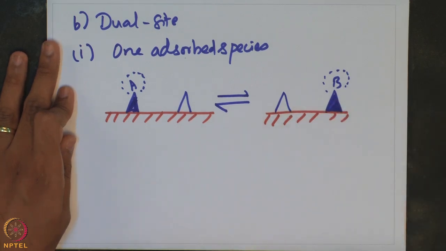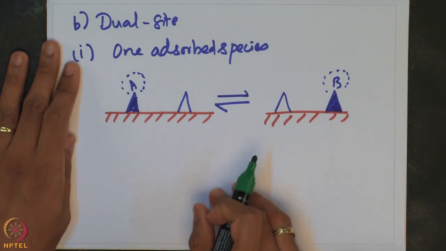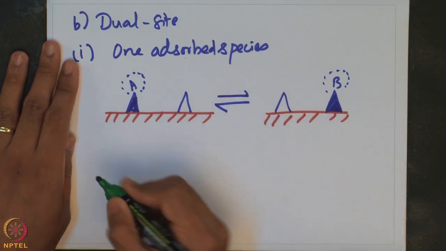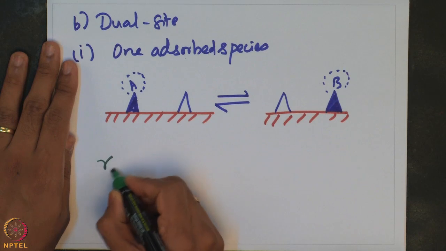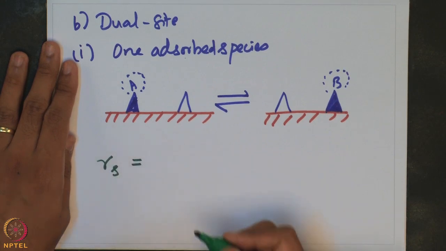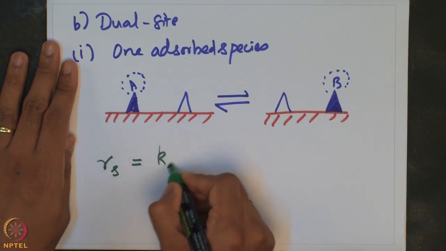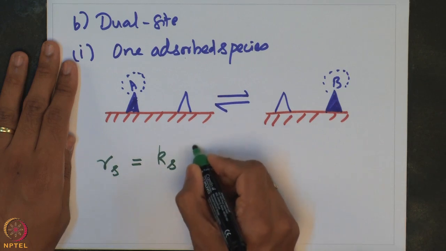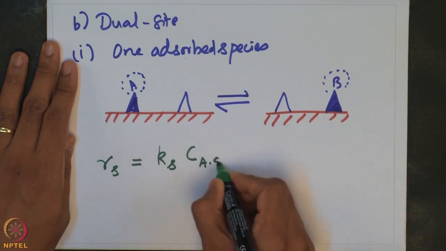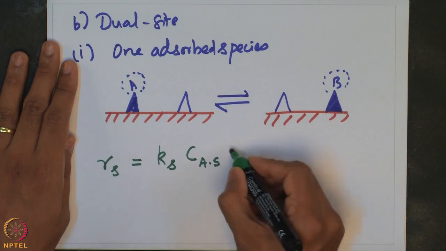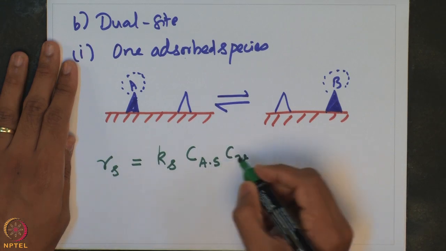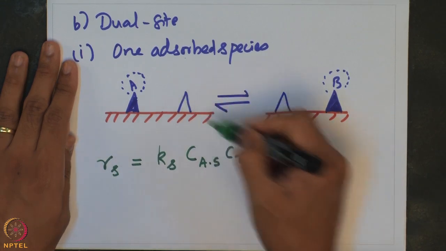So, let us now try to write the rate expression for this particular mechanism. The rate at which the reaction happens is given by Ks, which is the forward rate, times concentration of adsorbed species A multiplied by vacant site, because now a vacant site is also involved.